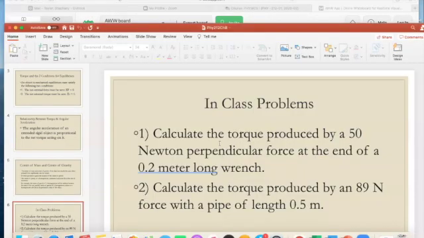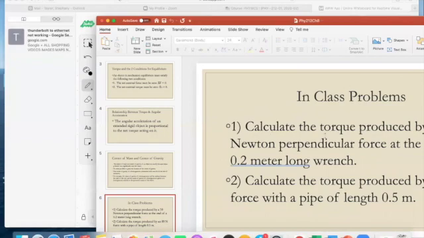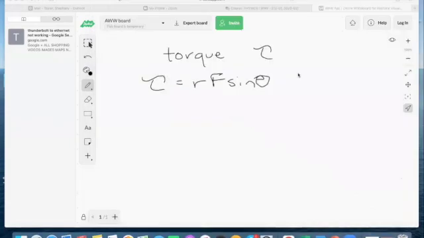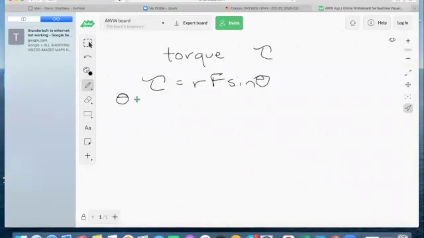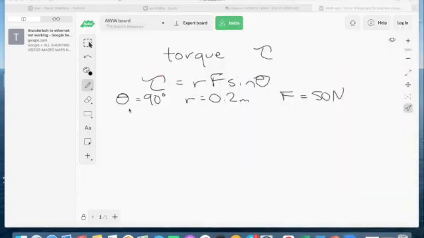Here our force is 50 newtons, and the length of the wrench is 0.2 meters. It also says the force is perpendicular to the length of the wrench. Perpendicular means 90 degrees, so our theta is 90 degrees. We are asked to find the torque, so let's plug everything in.